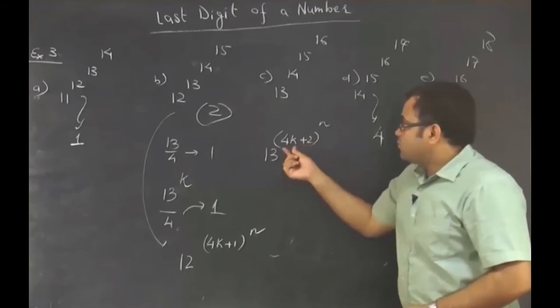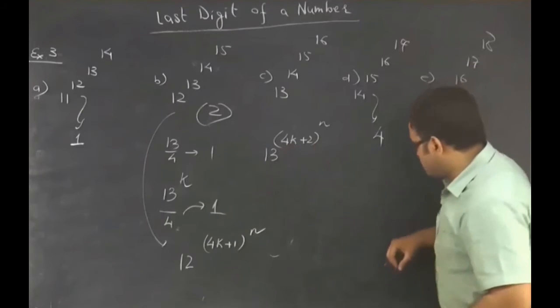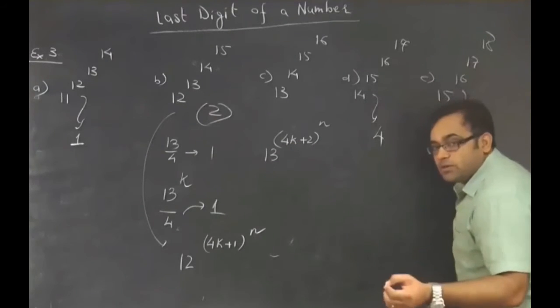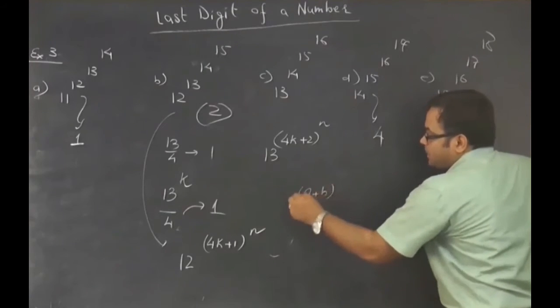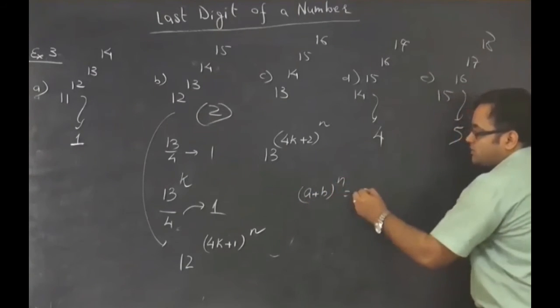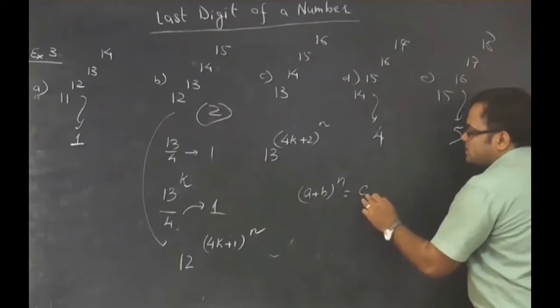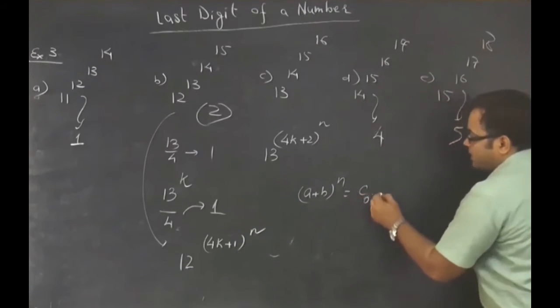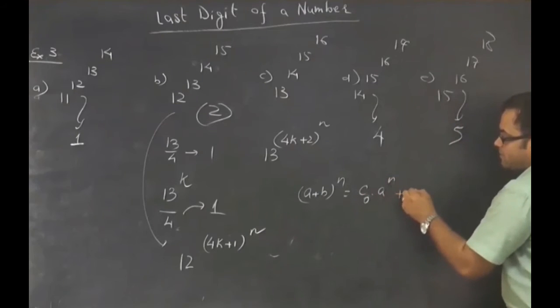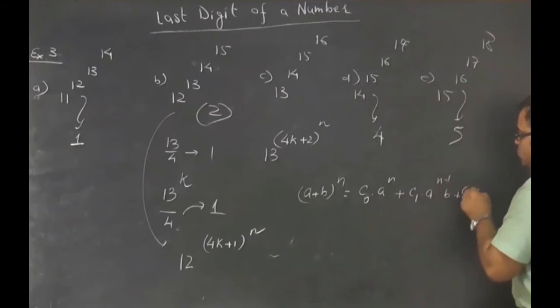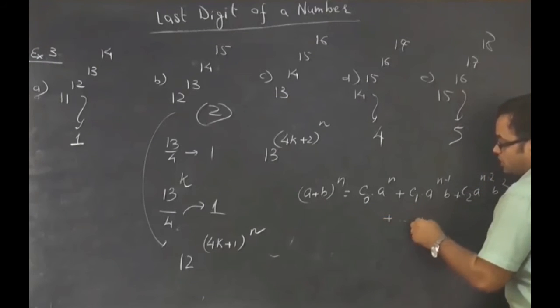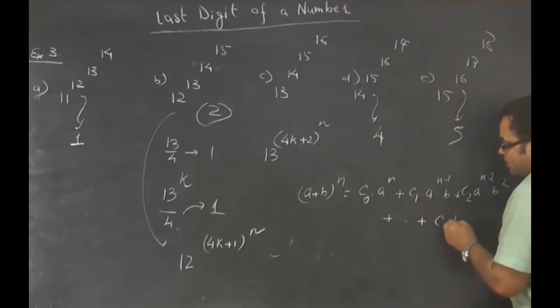Now as far as 4k plus 2 whole raised to the power n is concerned, let me go into a little bit of binomial expansion. (a plus b) to the power n is equal to c0 times a to the power n, plus c1 times a to the power n minus 1 times b, plus c2 times a to the power n minus 2 times b squared, and so on, finally cn times b to the power n.